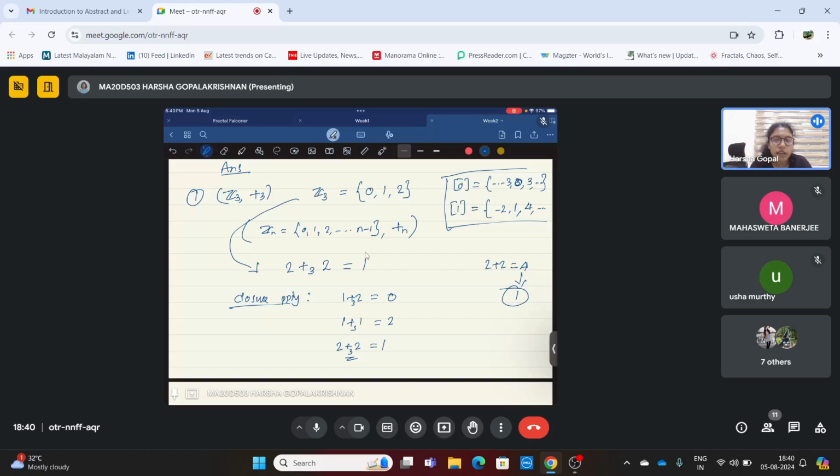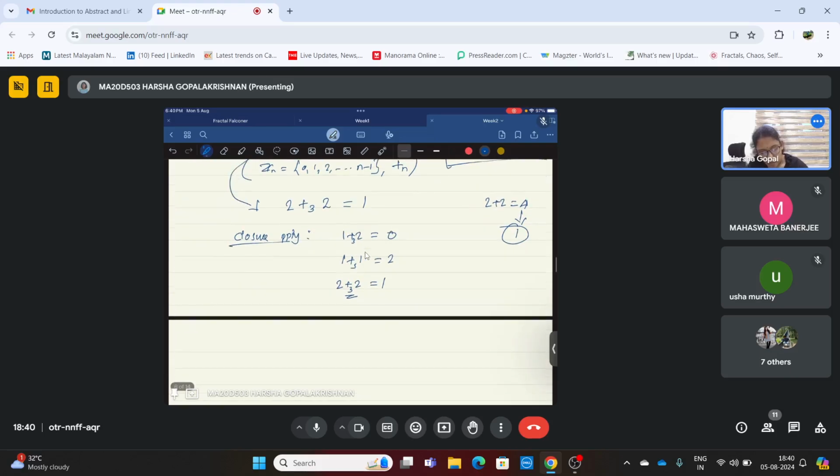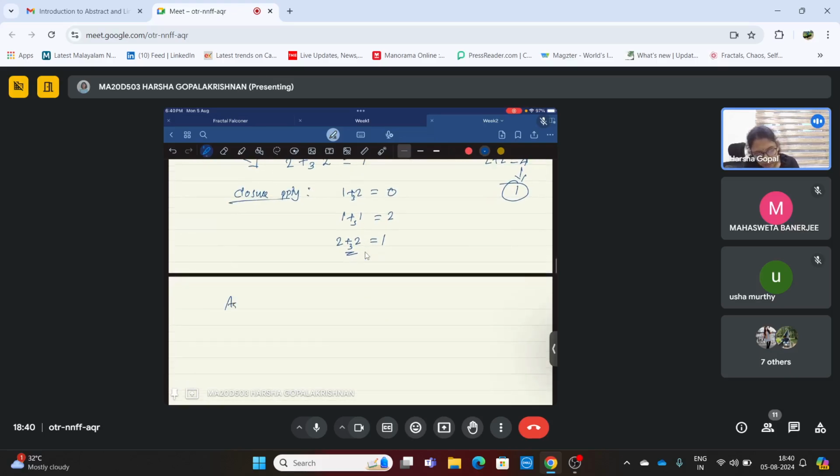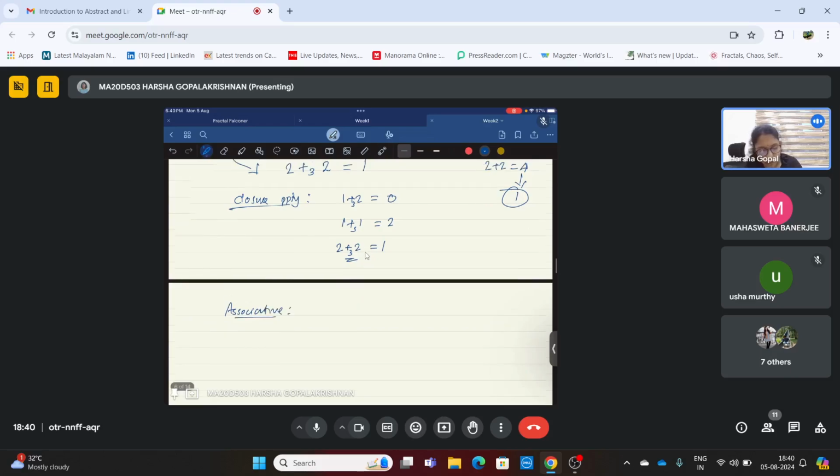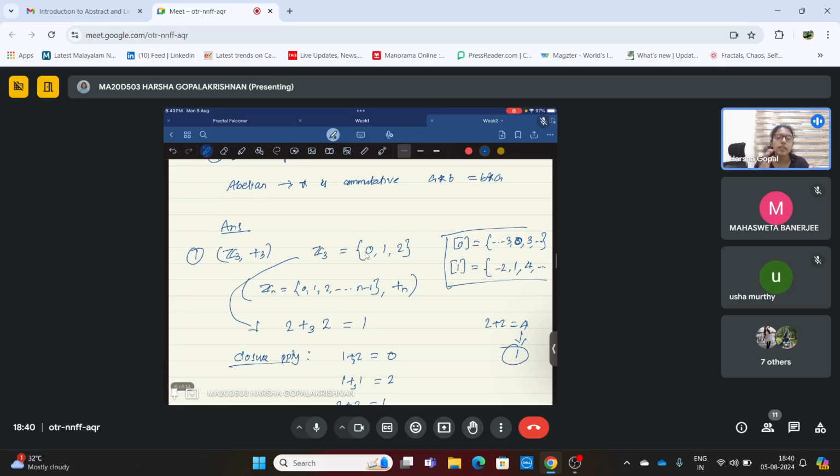In the same way, you can verify any addition between 2 elements, and we can say closure property is satisfied. The next one is associativity, which is very easy. It is just addition only. If I add 2 elements, then add the other, and find the remainder, or do it the other way, order doesn't matter, correct?